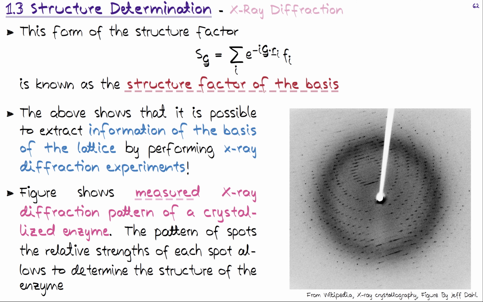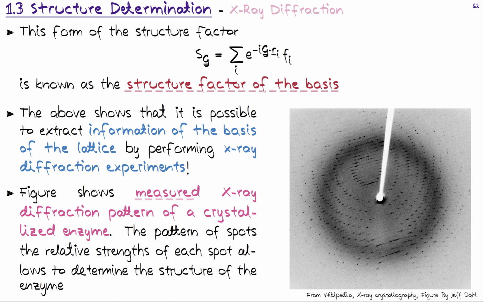A single enzyme is not enough material in practice to characterize the structure. That's why one must first make a crystal out of the structure and then perform X-ray experiments. And this is often the challenge that people are facing.